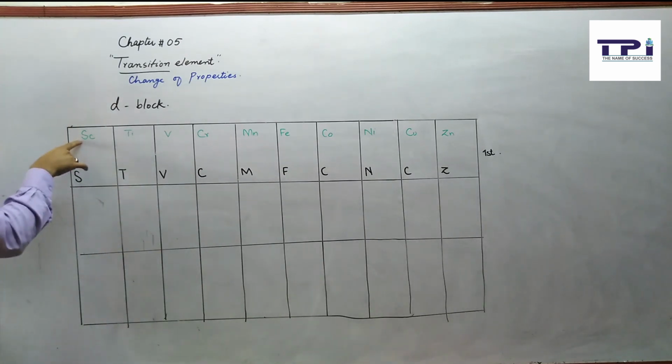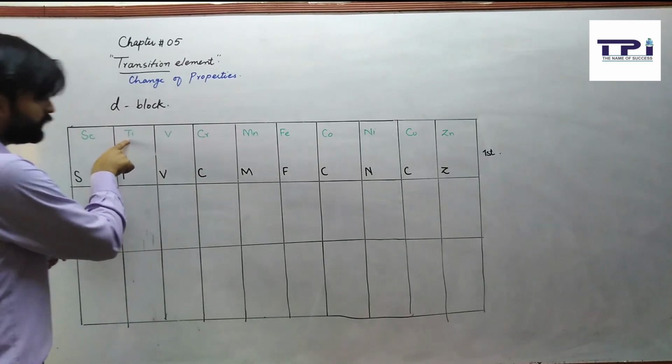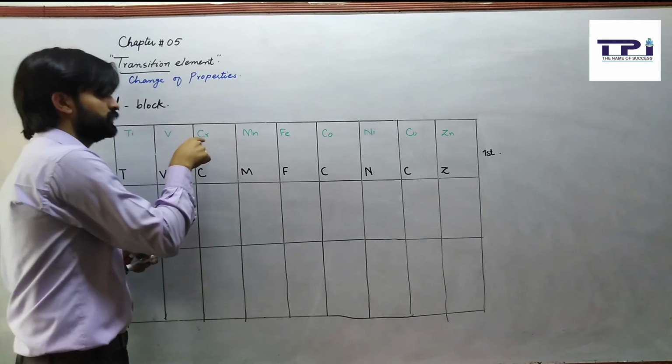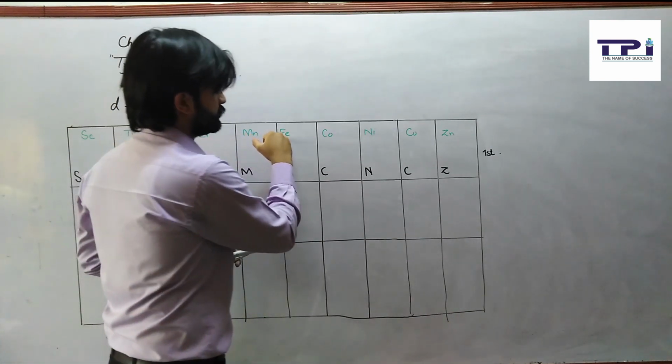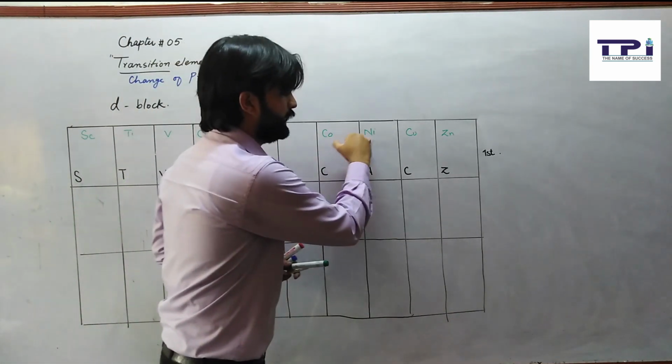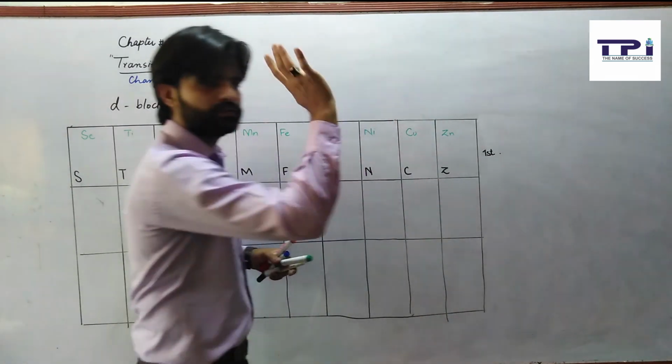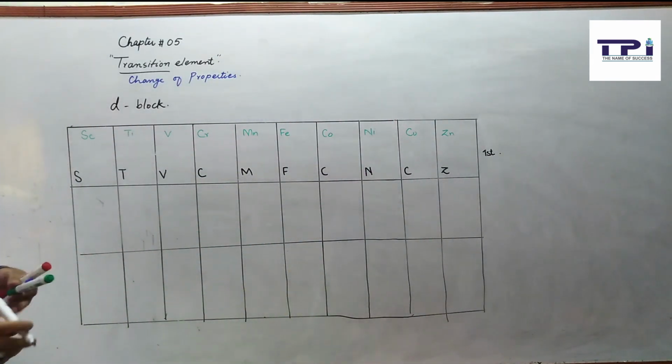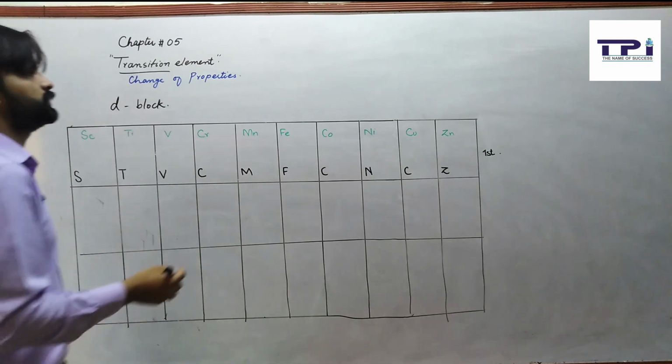Repeat with me. Scandium, titanium, vanadium, chromium, manganese, iron, cobalt, nickel, copper, and the last one zinc. How can you memorize the atomic number?